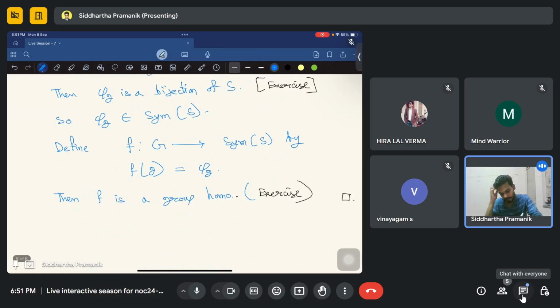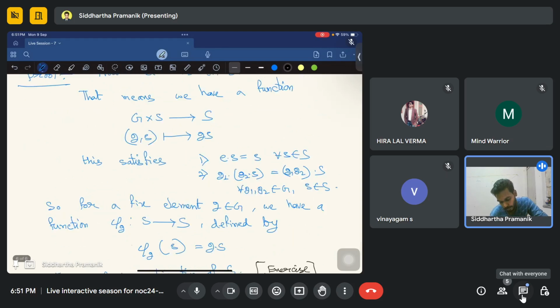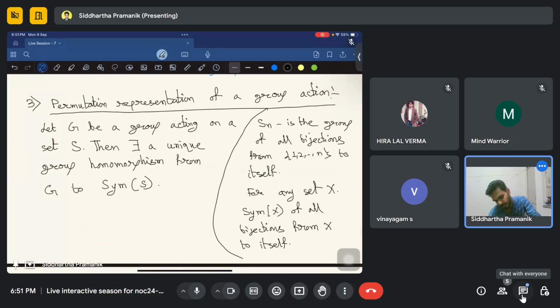But the interesting fact is, here we have taken any arbitrary group action, right? Where S can be any set, and this group action can be anything. But if we take S as G itself, and the group action is the left multiplication, then you will have Cayley's theorem.